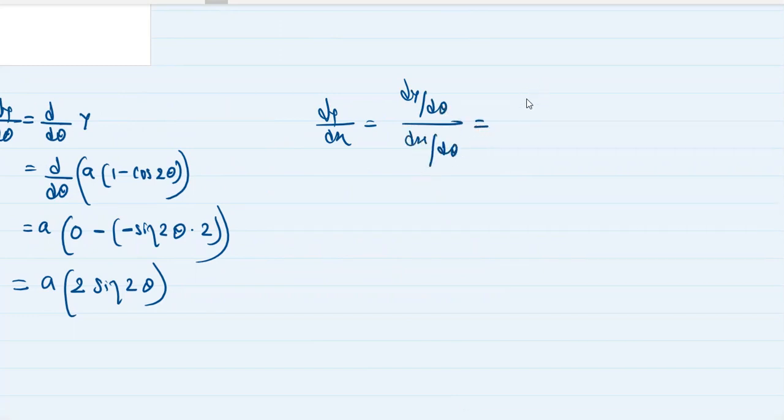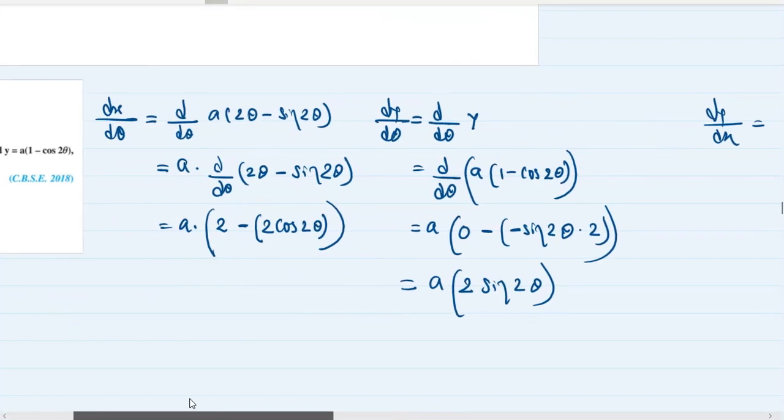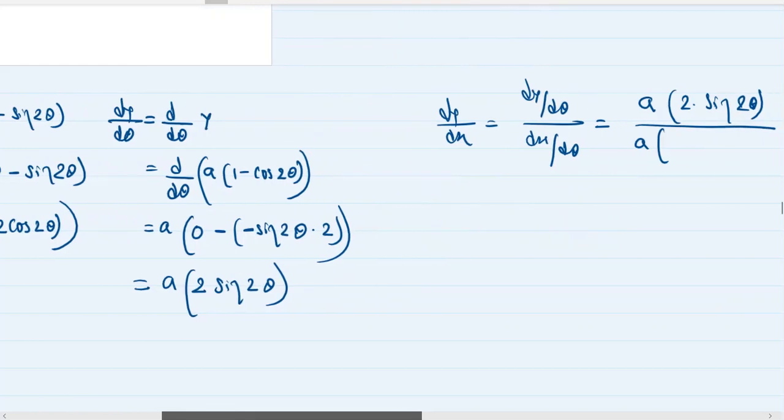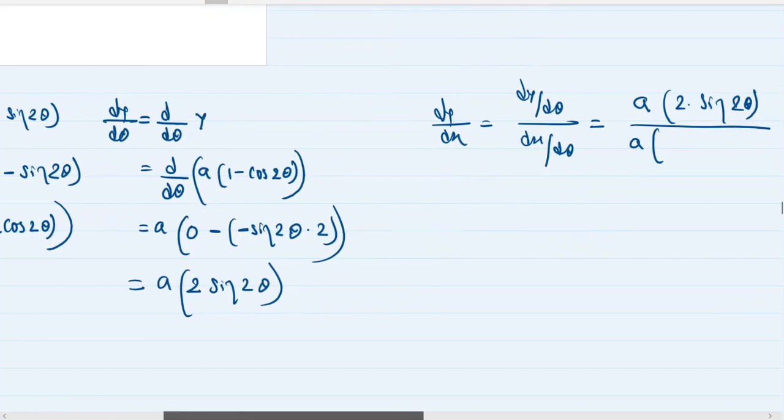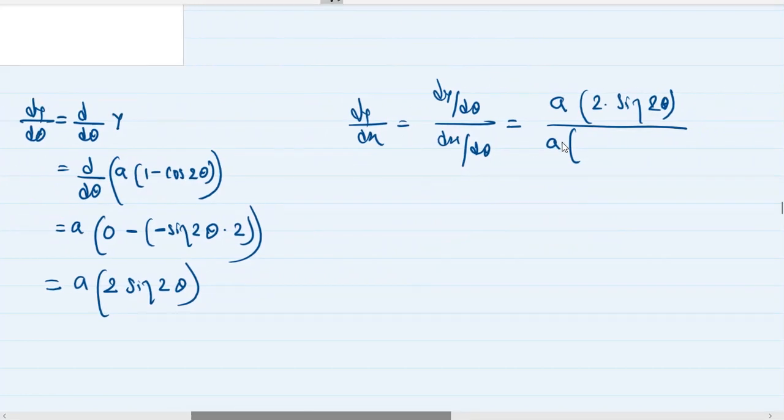So dy by d theta is a bracket 2 sine 2 theta, and dx by d theta is a bracket 2 minus 2 cos 2 theta. So let's take out 2 outside: a bracket 1 minus cos 2 theta.